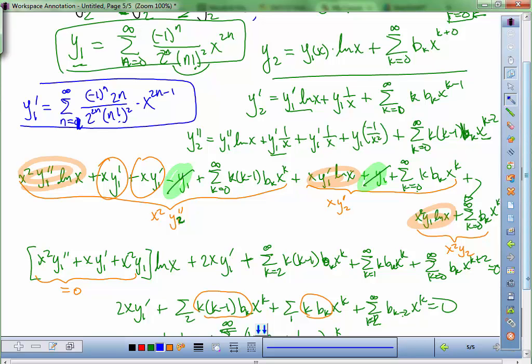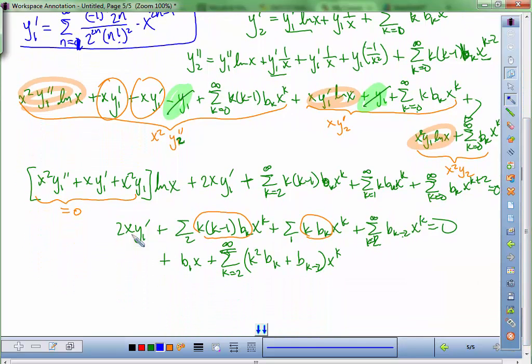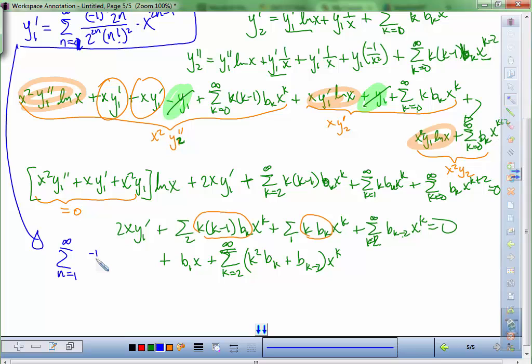All right. Now let's take that down here and multiply it by 2x. So 2x is a constant. N goes from 1 to infinity, -1 to the nth power, 2, let's call it 4, 2 to the 2n power, n factorial squared.